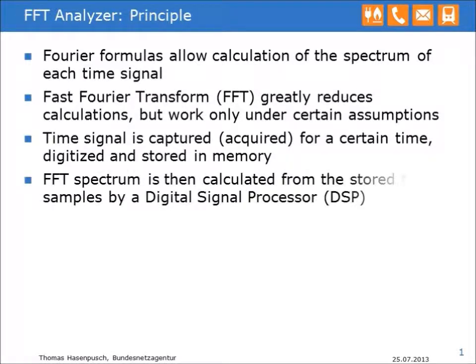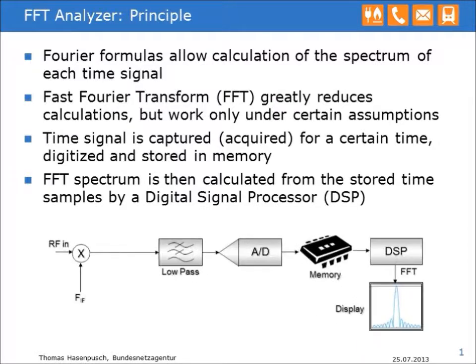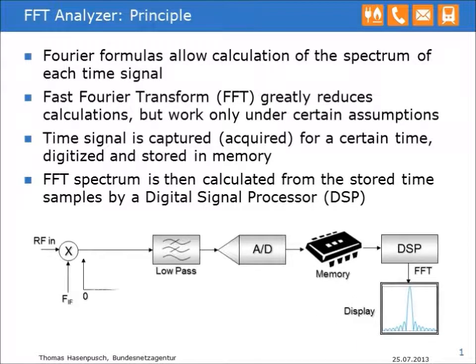They have a few restrictions, but these restrictions can usually be accepted in the RF measurement theory. In any case, the time signal is first captured or acquired for a certain time, digitized and stored in memory, and then the spectrum is calculated from that stored time signal.